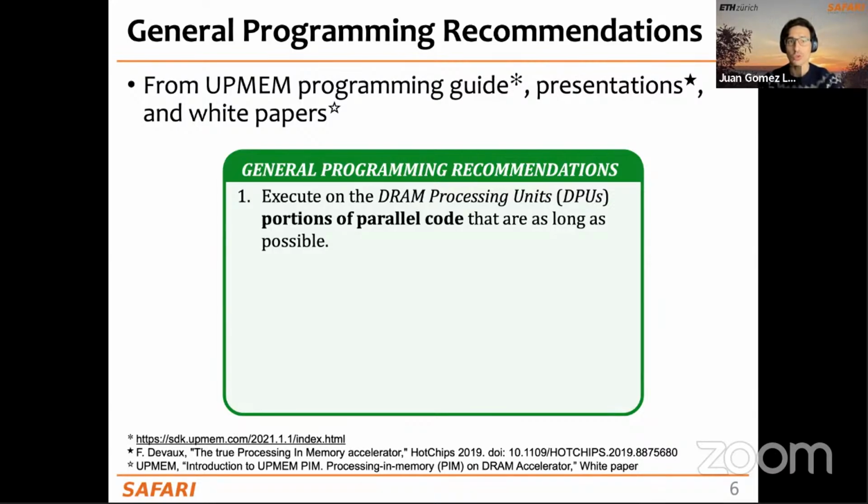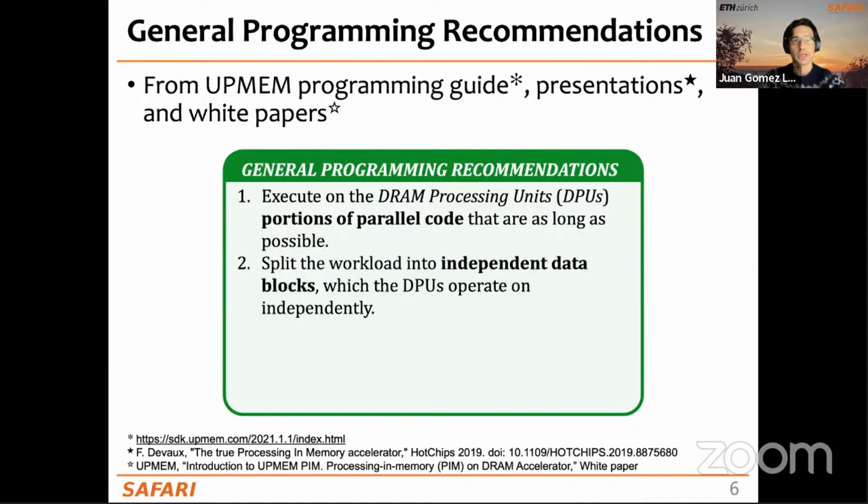The first one is to make sure that we are parallelizing more, and based on Amdahl's law, we can achieve higher performance improvement in the overall execution of the application. And the second reason is that if these portions of parallel code are longer, we will be less bound by the overhead of communicating between the main memory of the CPU and the MRAM banks.